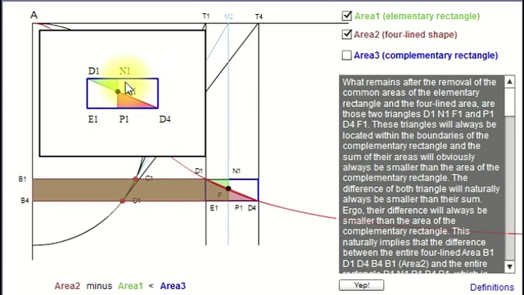And knowing of this difference between those two triangles, representing the difference between the elementary rectangle and the quadrilinear shape, this difference becomes smaller than infinitely small, or also infinitely small, if you will.